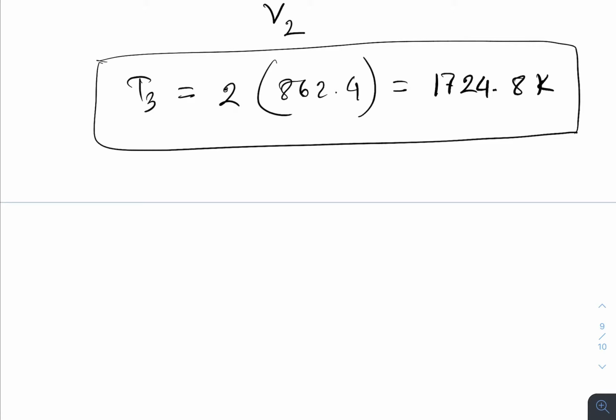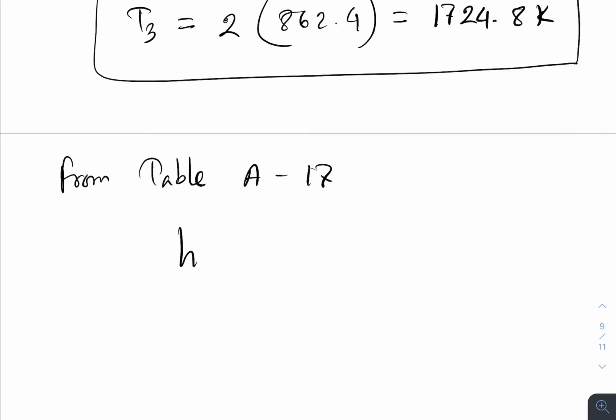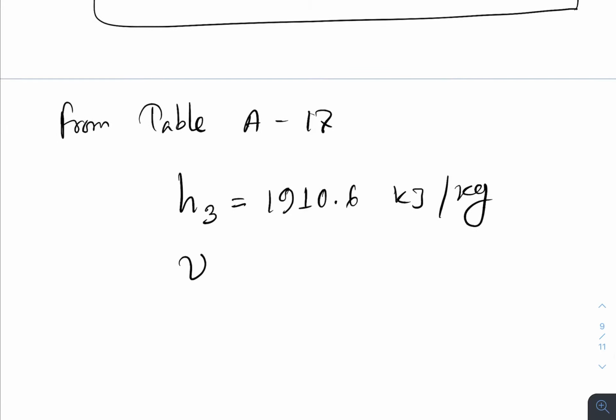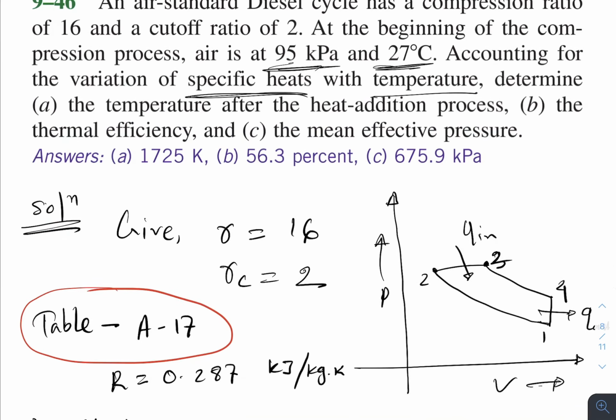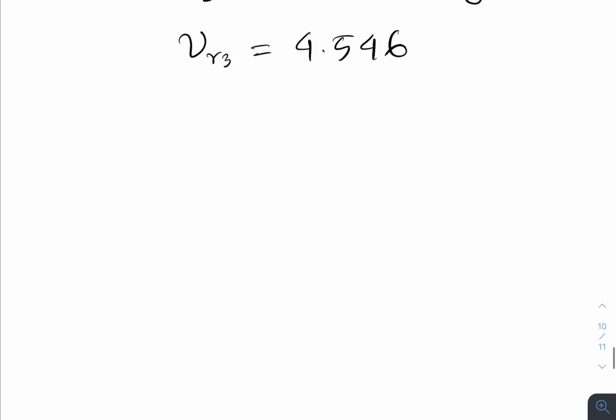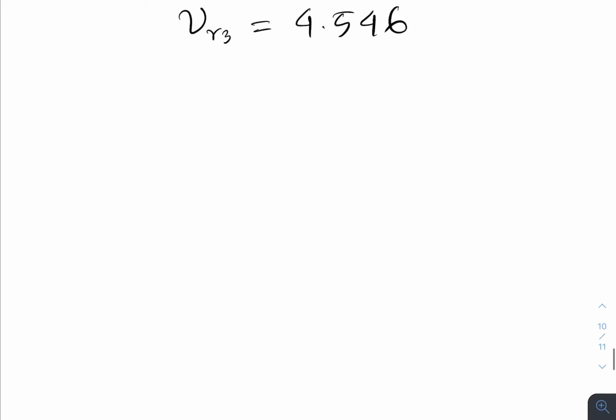Based on this temperature, going to table A17 again and doing interpolation, we get the enthalpy, which is 1910.6 kilojoule per kg, and the relative specific volume vr3 equals 4.546. So we determined part A, and part B is asking what the thermal efficiency is.